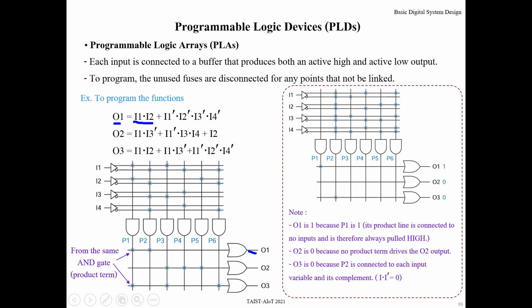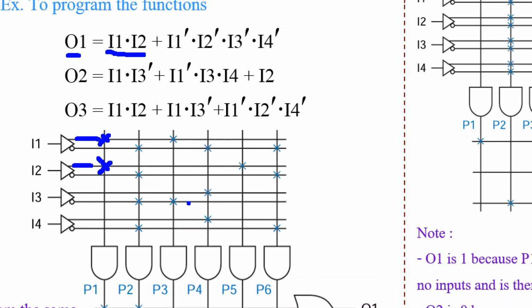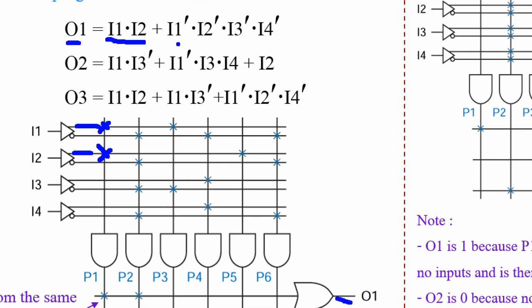For I1 and I2, we must AND I1 and I2, so these points must be connected. And for the term I1 prime, I2 prime, I3 prime, I4 prime, we connect those inputs to another AND gate.